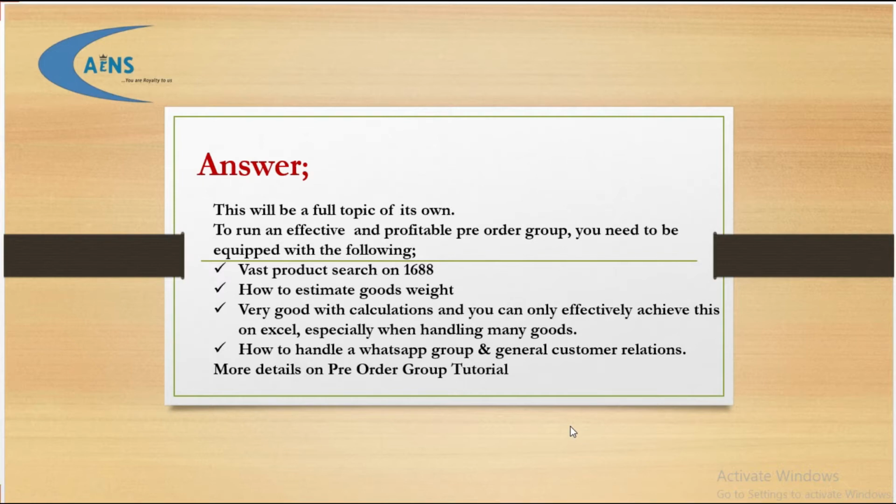For you to have a profitable pre-order group, you need to be equipped with certain things, and one of them is your ability to have a vast knowledge of 1688 searching, because somehow your group depends on you for the products they want to order, right?